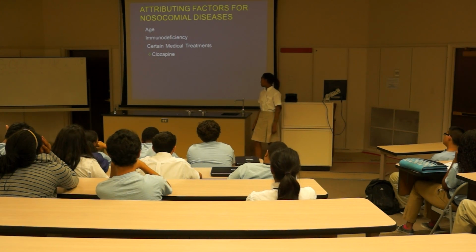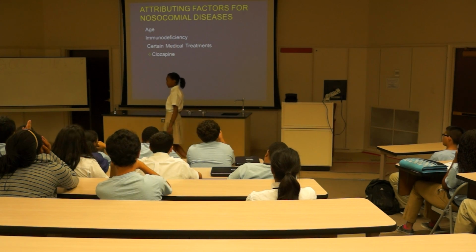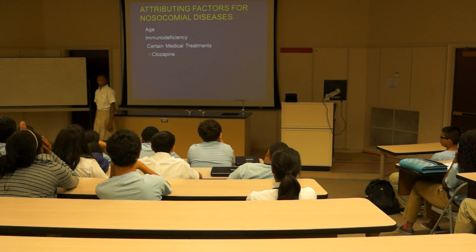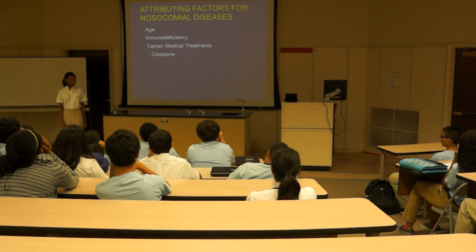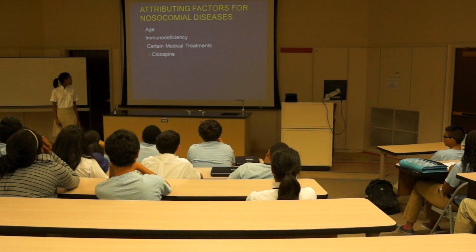Another example of immunodeficiency in a hospital is when somebody has chemotherapy. What that does is it kills all rapidly dividing cells, and it can also kill off parts of the immune system, making it easier for bacteria to come in and attack the body and cause death.